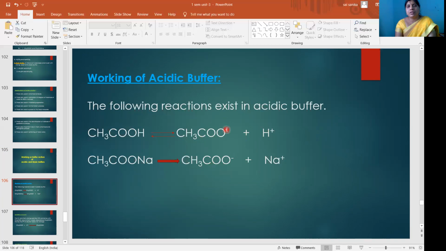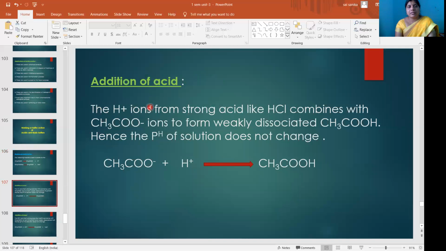To this solution, if you add small amounts of acid or base, what is happening? We will see here. Addition of acid to the above solution: when you add acid, the H plus ions from a strong acid like HCl combine with CH3COO minus ions to form weakly dissociated CH3COOH.